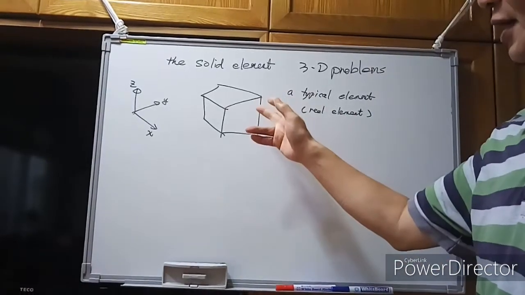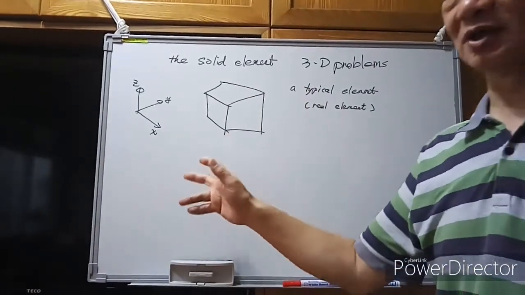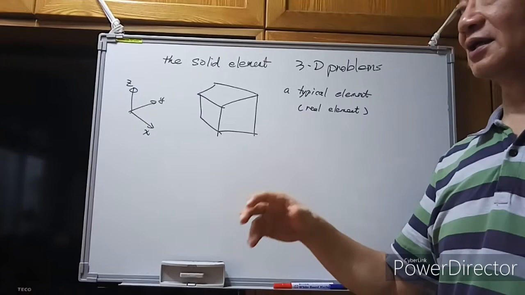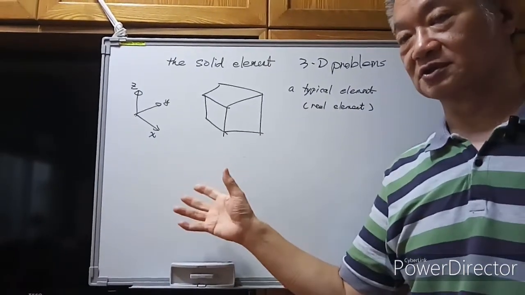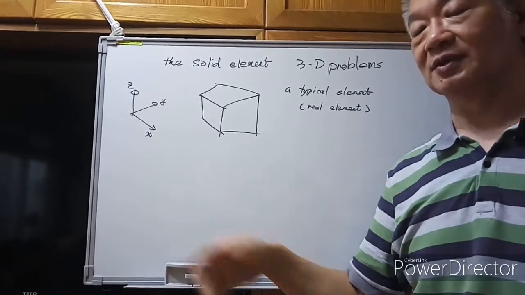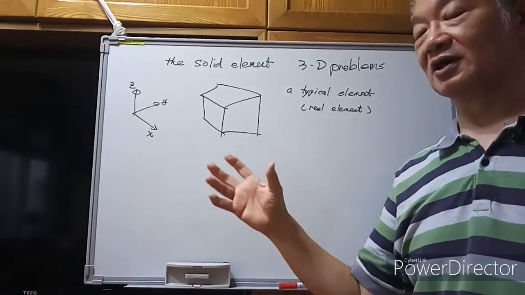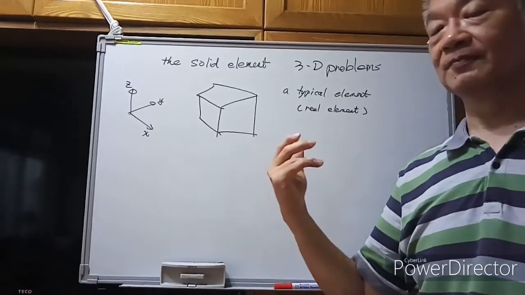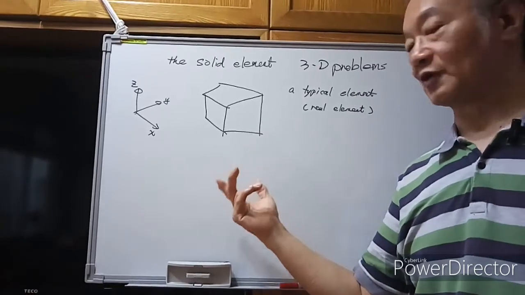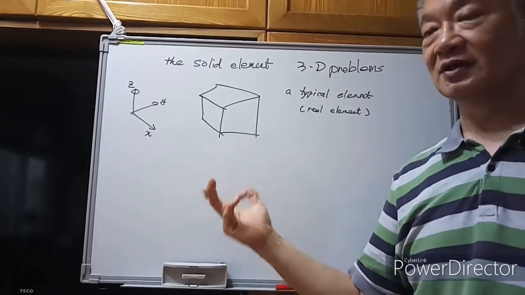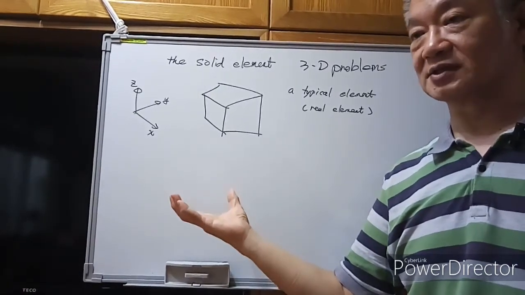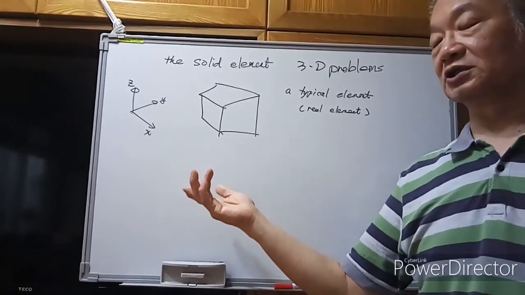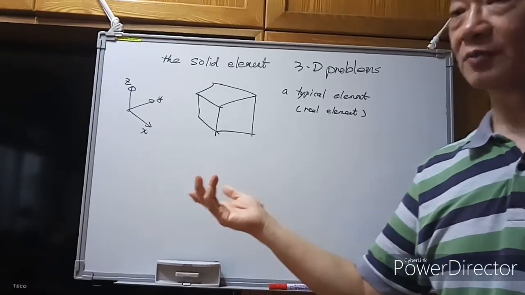Usually the real element is mapped to a master element, and after we define the xyz functions in the master element, we will also define or assume the u, v, and w functions in the master element. After we define all these functions, we will do the inverse geometric mapping.